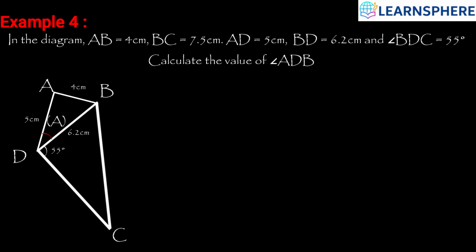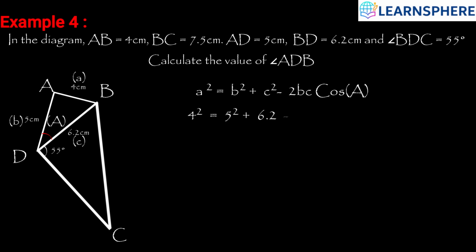Therefore, angle ADB will be capital letter A. The side opposite to it, which is 4, will be small letter a, 5 can be B, and 6.2 can be C. Next, using the cosine formula of a squared equals b squared plus c squared minus 2bc cosine A, we can simply substitute in the values, which will give us 4 squared equals 5 squared plus 6.2 squared minus 2(5)(6.2) cosine A.